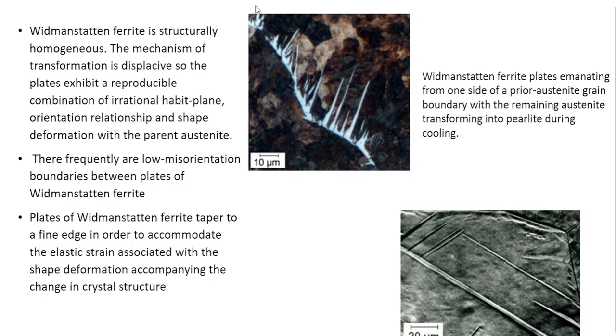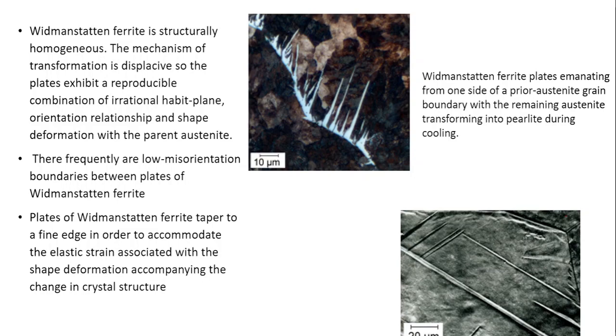This is a micrograph showing how the wedge type of plates are formed, and these are essentially Widmanstatten ferrites. So they are growing essentially towards one side of the austenite boundary.